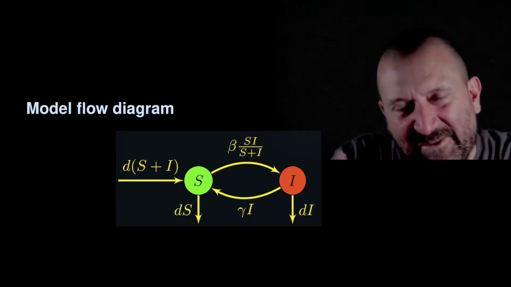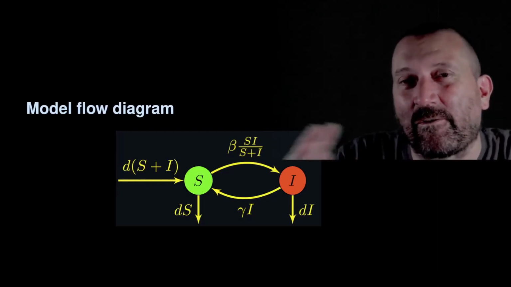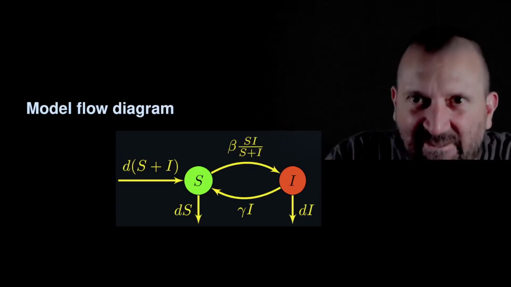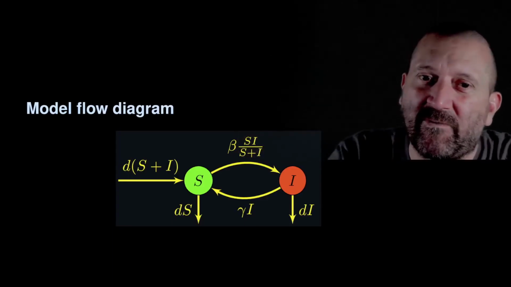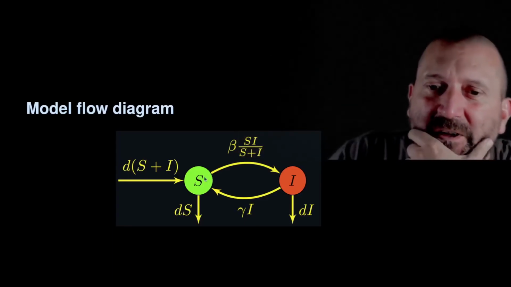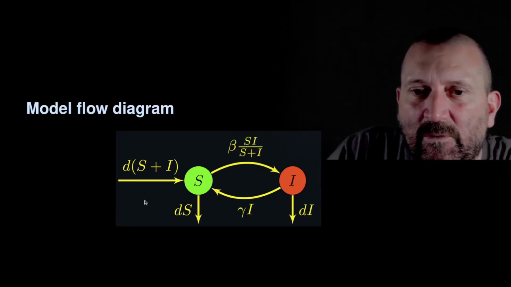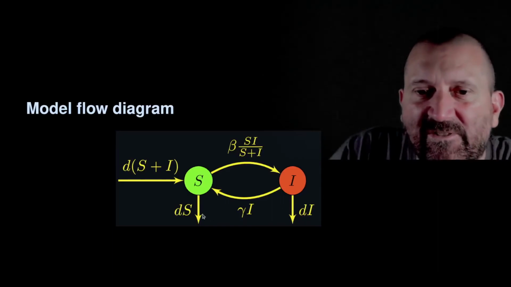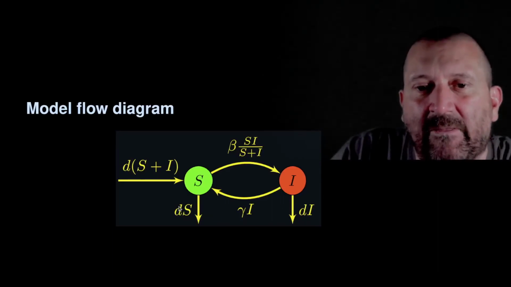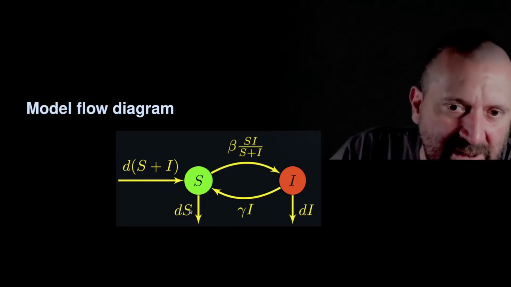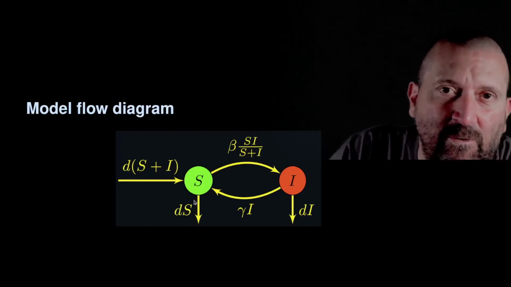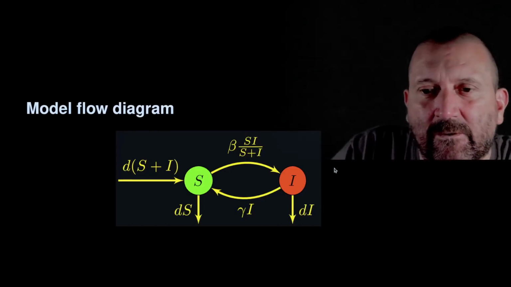So there's not that many. A lot of diseases confer at least temporary immunity, but this is not what we are considering here. So recovery takes you back into the S compartment, and in both compartments you can be subject to death, and that happens at the rate D, so DS for susceptible and DI for infectious.